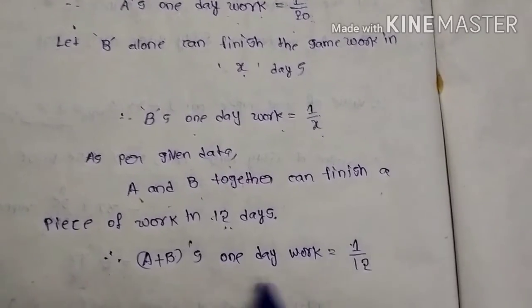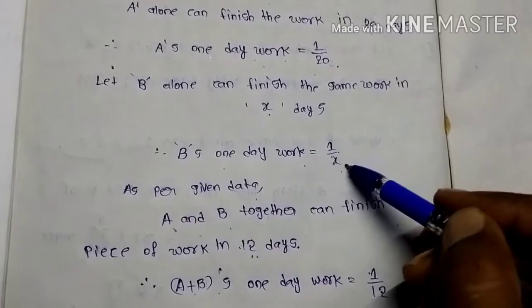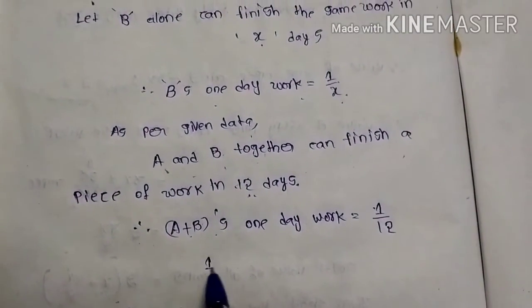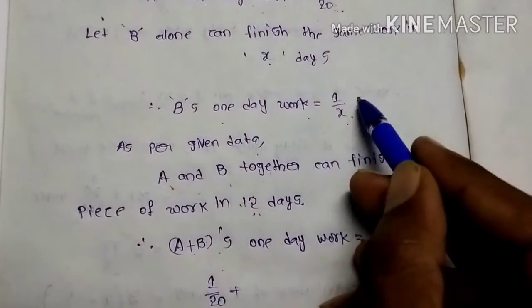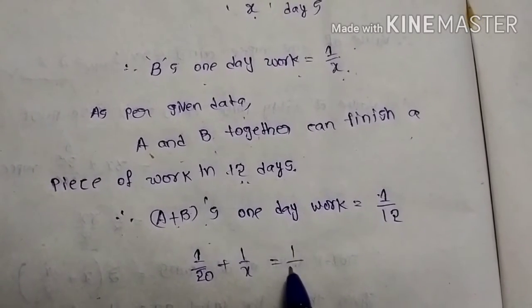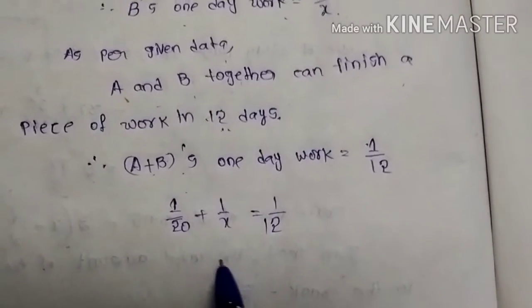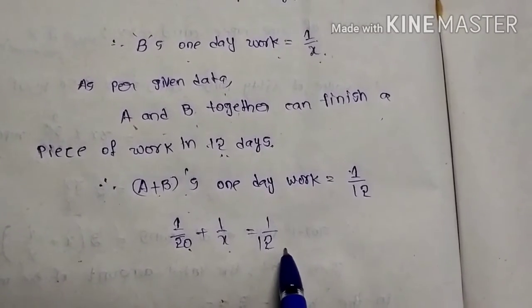Yes or no? But for A and B, you can add A's 1 day work and B's 1 day work. A's 1 day work is 1 by 20, plus B's 1 day work, 1 by X, is equal to 1 by 12. Is it okay? This is A's 1 day work, this will be B's 1 day work, and this is A plus B's 1 day work.